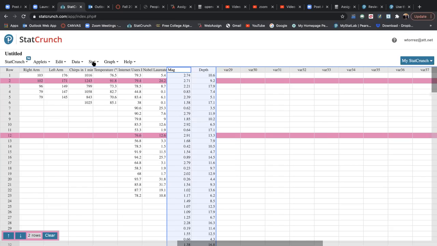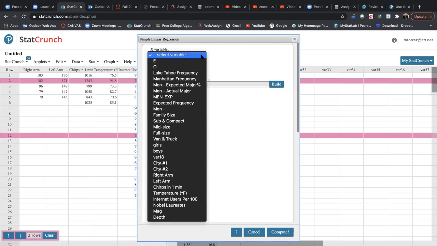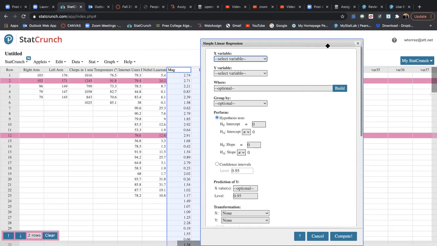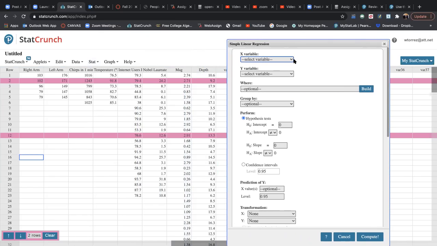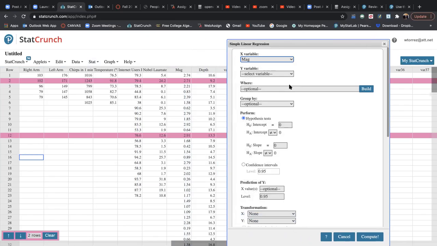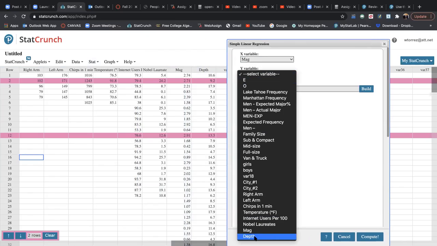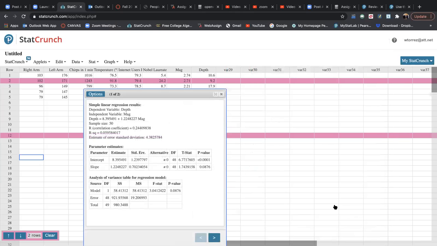And let's go ahead and do the linear regression. So our predictor variable is magnitude. Our response variable is depth. Okay. And now let's go ahead and compute the regression.